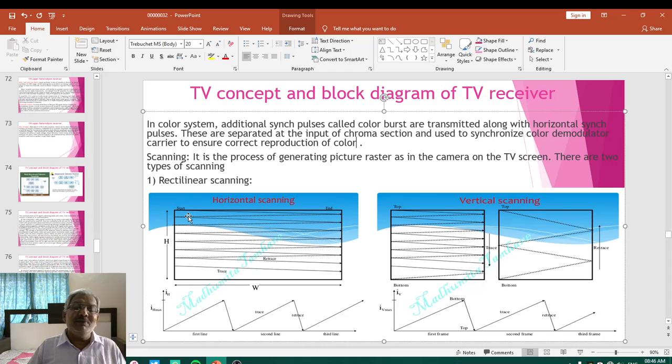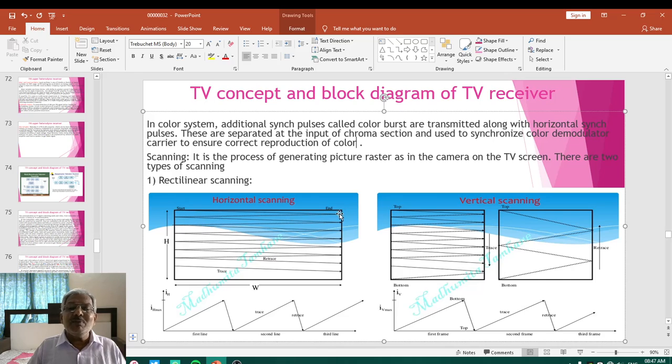This bright spot contains the picture information and will start moving from left of the television screen up to the right. During this motion, it carries the picture information, and this motion of the electron beam from left to right is with slow speed.